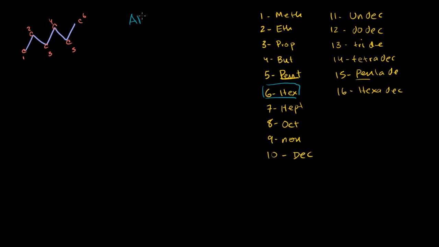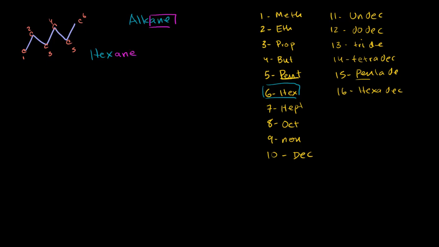This is called an alkane, which is a general term for all of the chains of carbons that have no double bonds or triple bonds, all single bonds. So in this situation, you take hex for 6, and then because it's an alkane, it gets the ane from alkane. So this is hexane.